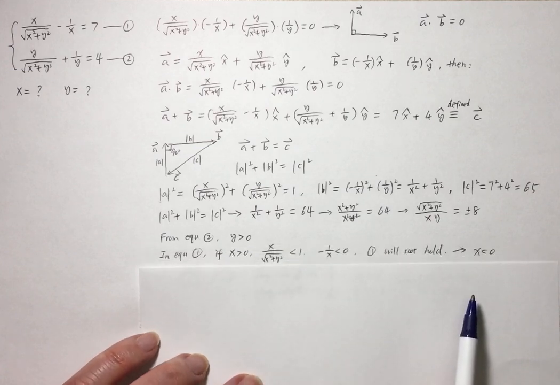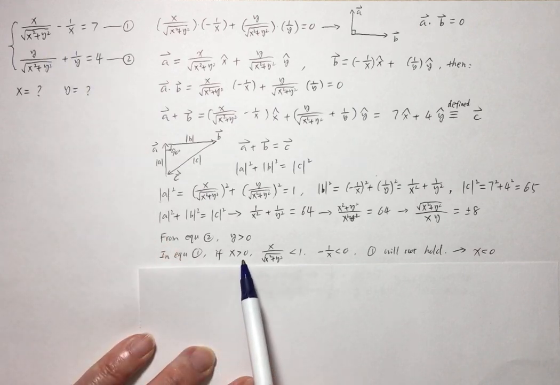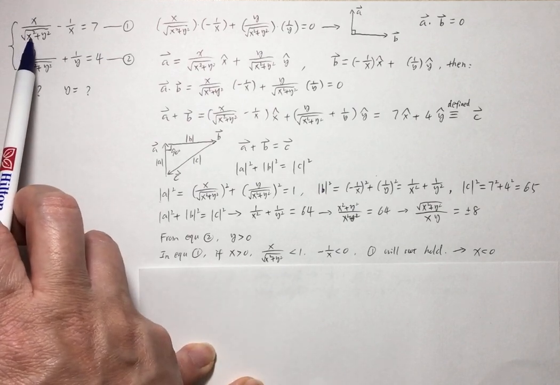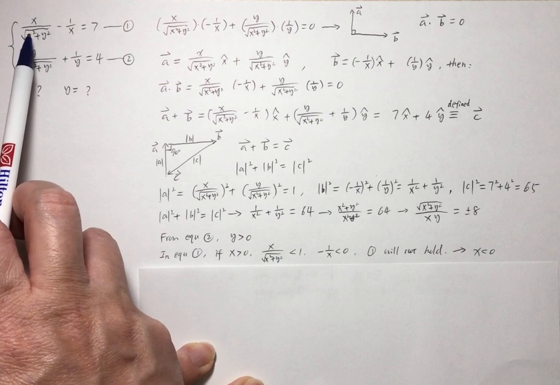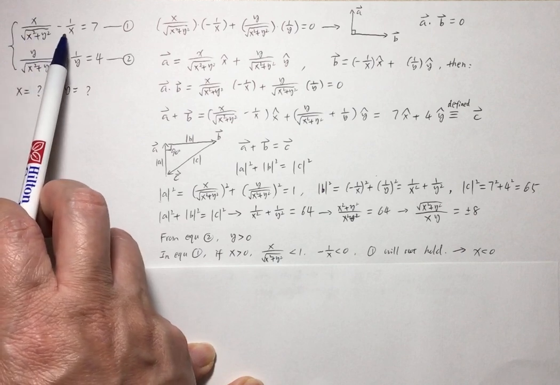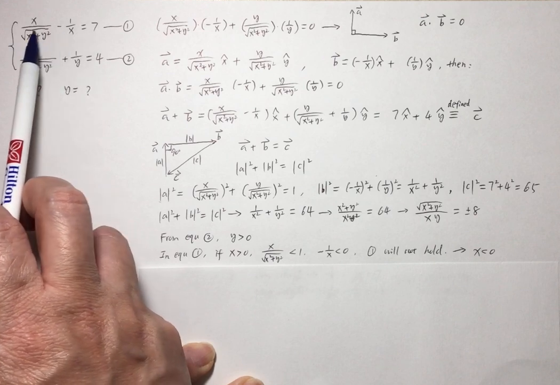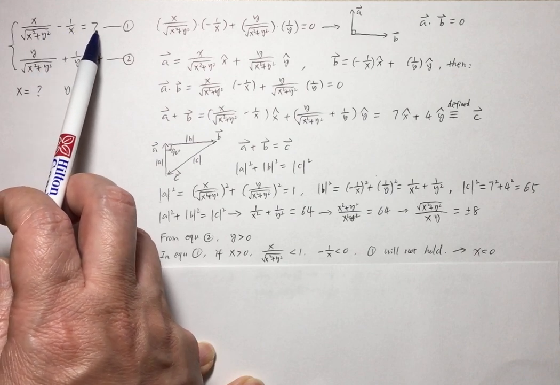Now we look at equation 1. If x is greater than 0, then the first term will be positive but less than 1. The second term will be smaller than 0, so the left side will never equal 7.